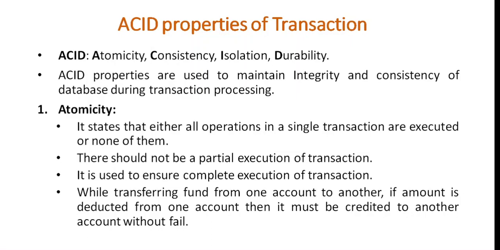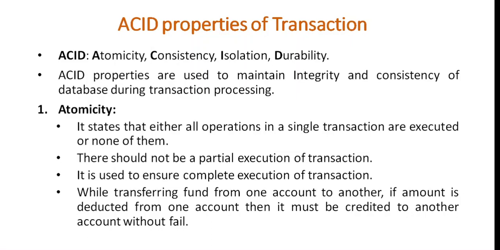So if the amount is deducted from account A, so one part is completed, then it must be credited to account B, which is the second part, without any failure. Then only we can say that there is a complete execution of the transaction, and that transaction is satisfying the atomicity property. So this is the atomicity property of a transaction, which ensures complete execution of a transaction without any failure.